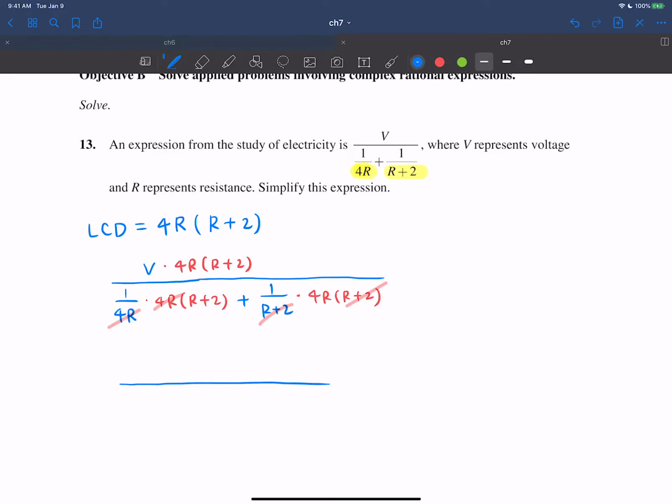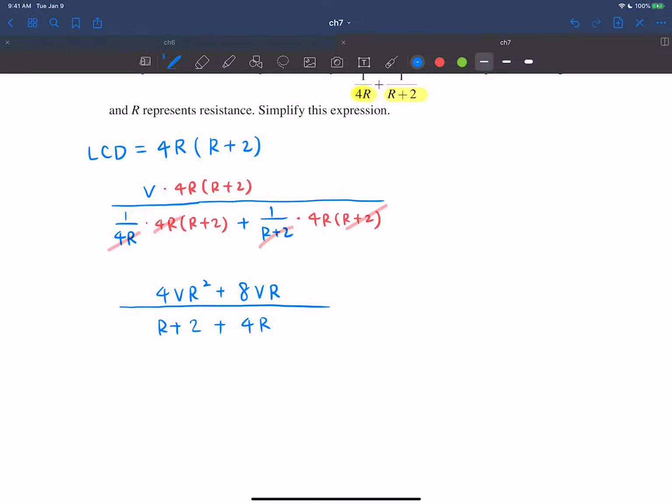On the top, I'm gonna multiply out. You have 4vr times r plus 2. Or if you distribute, it's gonna give you 4vr squared plus 8vr. As for the denominator, the first part will be r plus 2, and then the second part will be plus 4r.